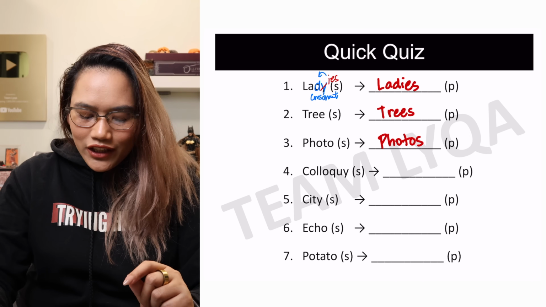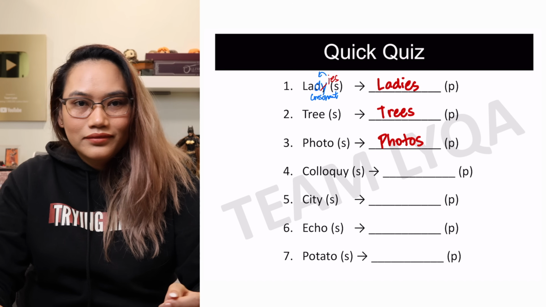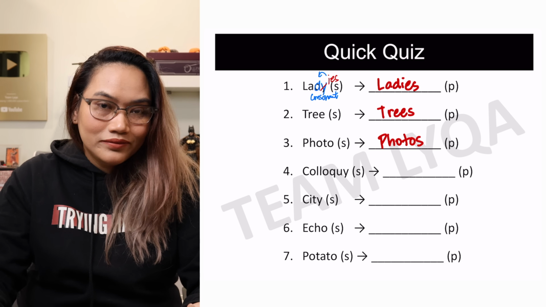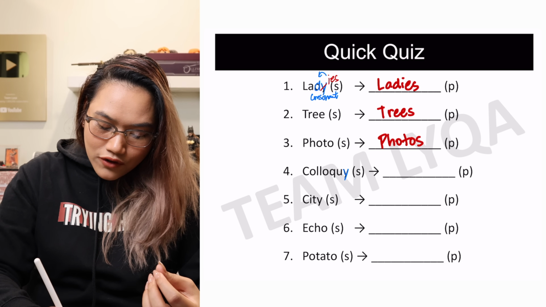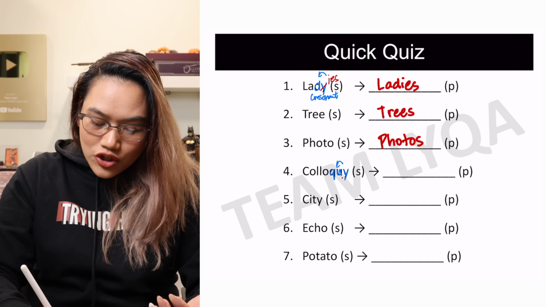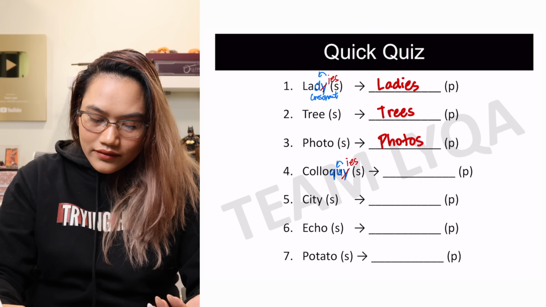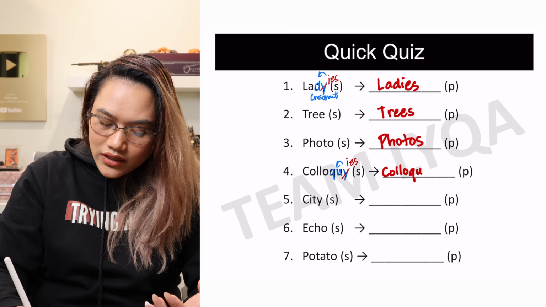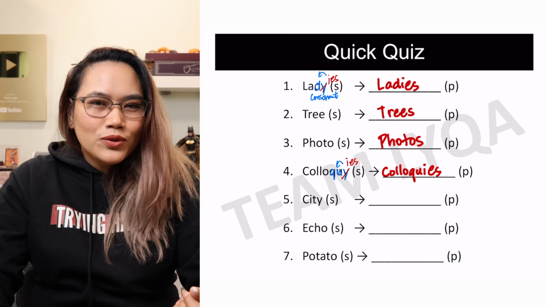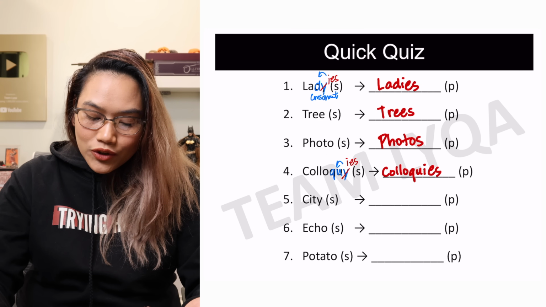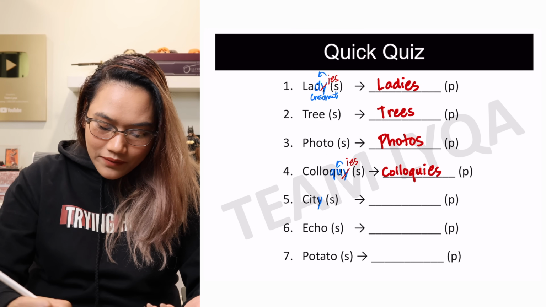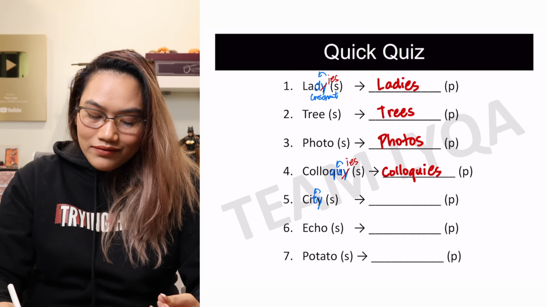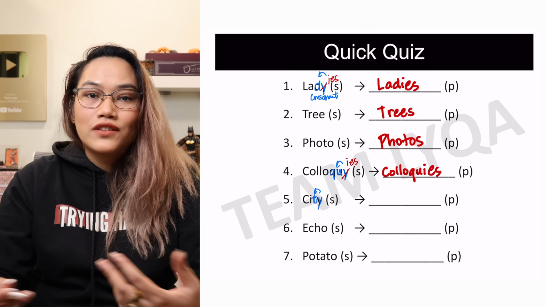Now, meron tayong uncommon word dito, number 4. Colloquy. Medyo madalas kasi gamitin yung colloquial, pero yung colloquy hindi masyado. Dahil siya ay natatama po sa Y and it follows a QU, we just change Y to I and add ES. So the answer is colloquies. Paano naman kung city? Medyo straightforward ito because city ends with Y and follows a consonant T. And probably you've also seen the word cities most of the time.